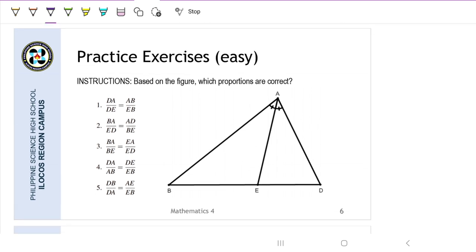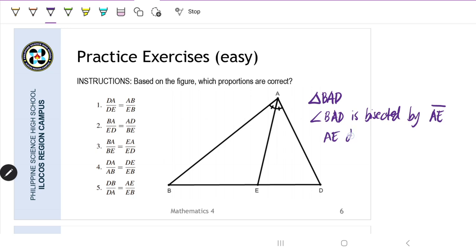So, based on the given figure, let's determine which of the following proportions are correct. Okay, so we have here again triangle BAD, wherein angle BAD is bisected by segment AE.